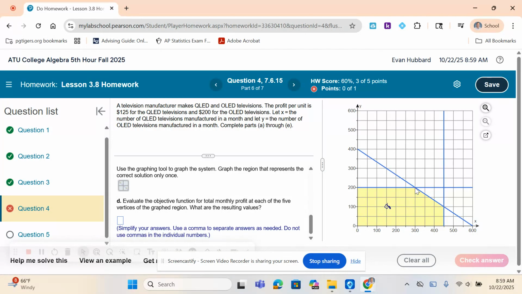Another boundary point is here. This is 450, 100. And my last boundary point is here, 450 and 0. So I'm going to list those out.